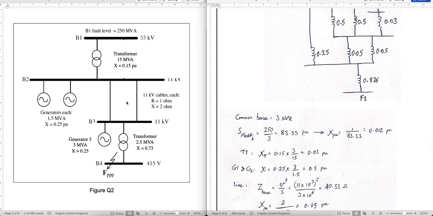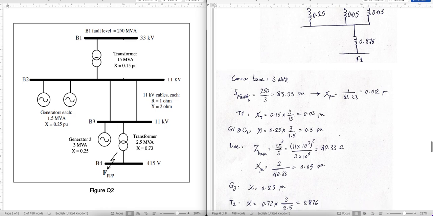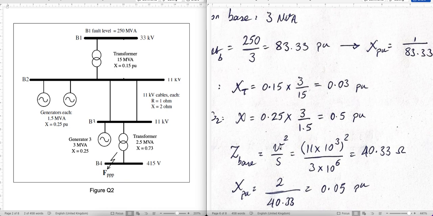Then there are two lines, and as I said, normally for the lines we get ohmic values. So we need to firstly calculate the base impedances, then divide these ohmic impedances by those base impedances to have the per unit impedances. So Z base in general equals V square over S. We need to pay attention to what the voltage level of these transmission lines is.